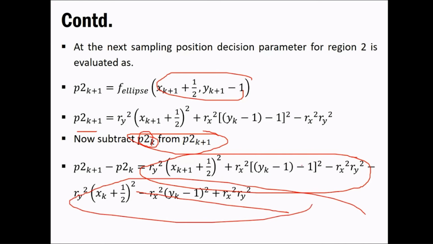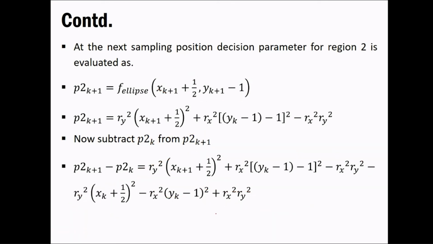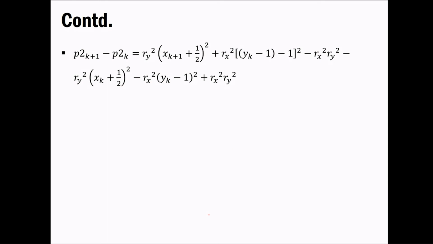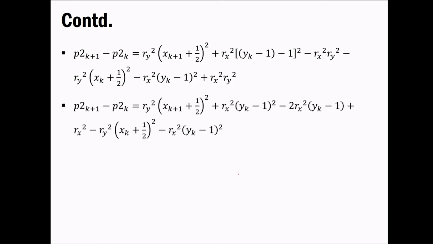Don't get confused with the big equation. So that is what we have in our hand as of now, that is p2k plus 1 minus p2k. A similar thing is written over here. Simplify this. In the simplification, this will get removed. A similar thing needs to be applied over here. Now after removing this, we have simply written it as it was.